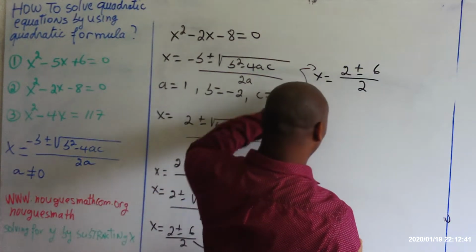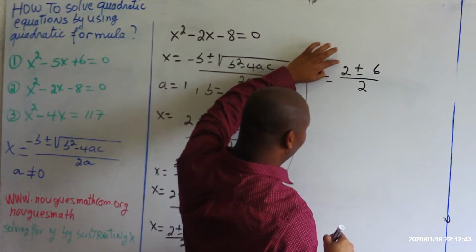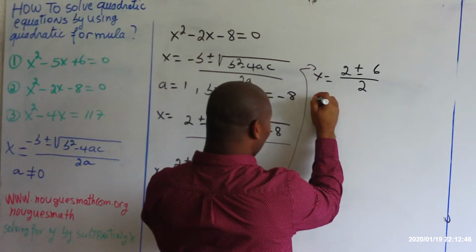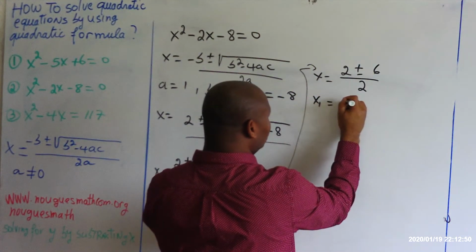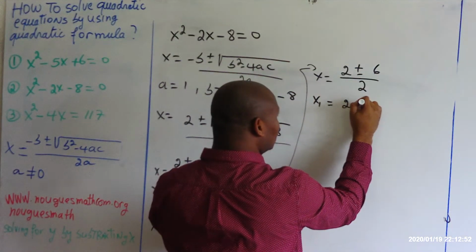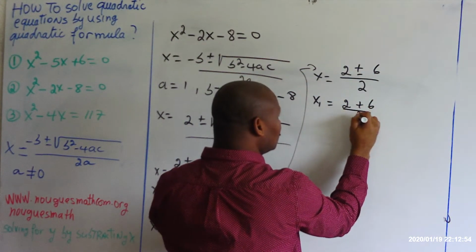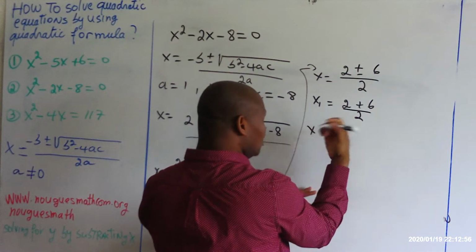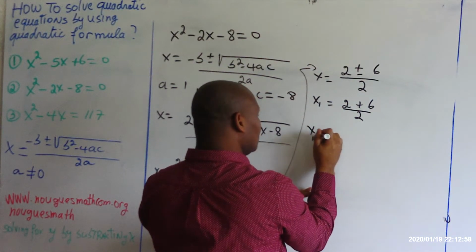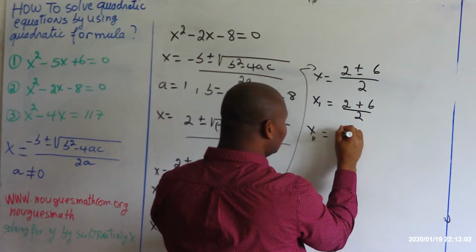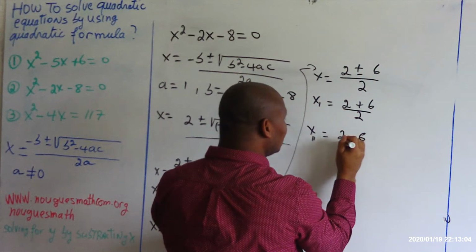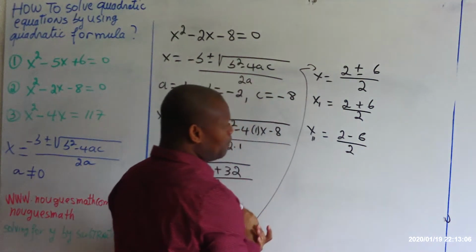Alright, what we're going to do, we'll have 2 solutions, okay? The first one is going to be x prime, that's 2 plus 6 over 2. The second one, we can call x second, that's going to be 2 minus 6 over 2. Okay, 2 solutions.